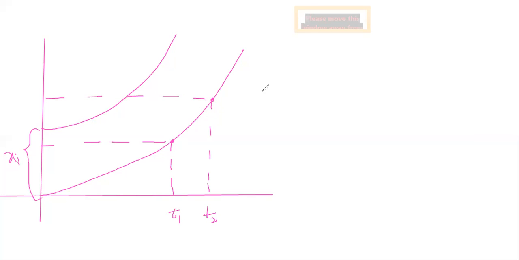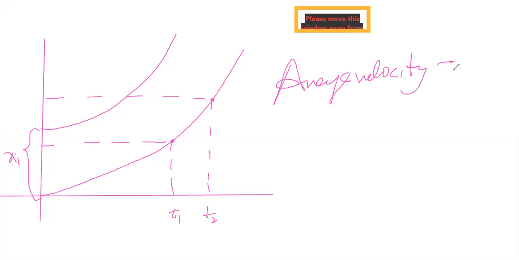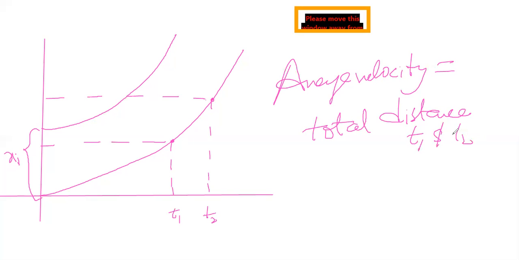The average velocity is given by the formula: total distance between T1 and T2. That's very important. Total distance or displacement. You can write like that.